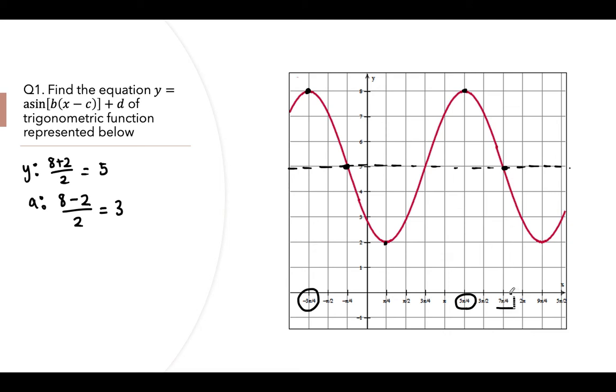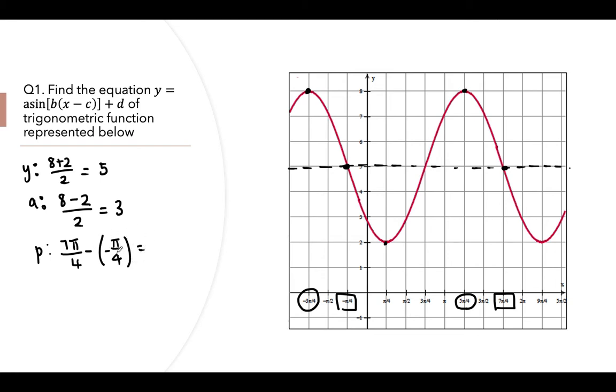It looks like my endpoint is at 7 pi over 4, and my starting point is negative pi over 4. To find the period, let's find the difference: 7 pi over 4 minus negative pi over 4.